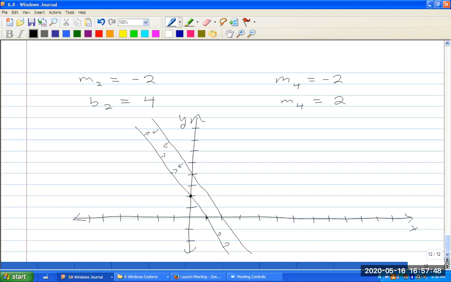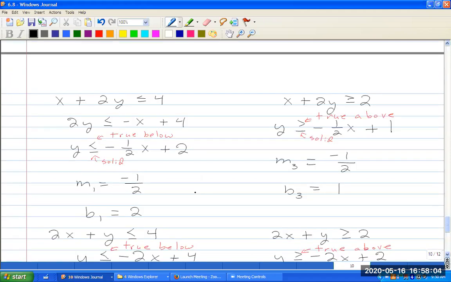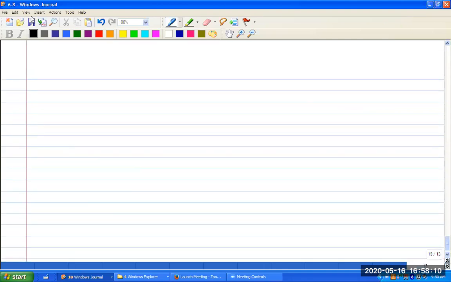Okay. Next, that's a 4. And then let's do the first two. And so this was at 2, it has a slope of -0.5. So at 2, oops, at 2 has a slope of -0.5.